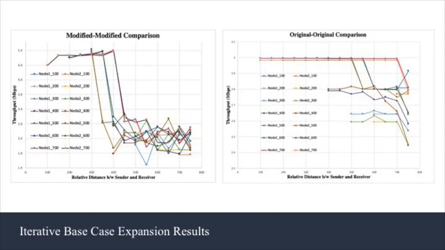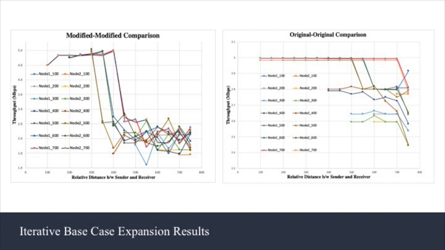And this brings us to the results for the iterative base case expansion experiment. These graphs demonstrate the observed throughputs as a function of the relative distance between sender and receiver pairs. As these pairs get closer together, which corresponds to lower x-axis values, the distance between the two senders is increasing.